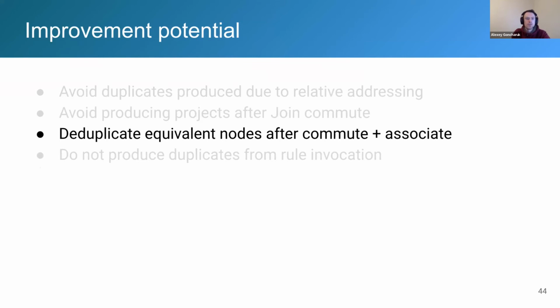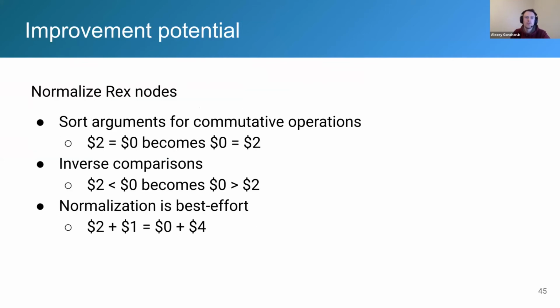Another thing that personally I think can be fairly easily integrated even in the project itself is to try to do some expression normalization to avoid duplicates due to reordering of the inputs. And what we can employ here is basically to sort the inputs of well-known and widely used conditions.